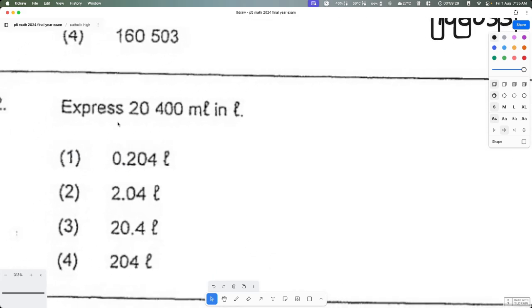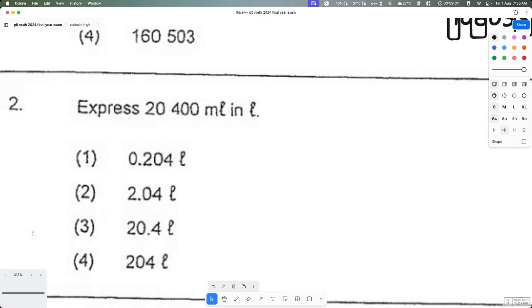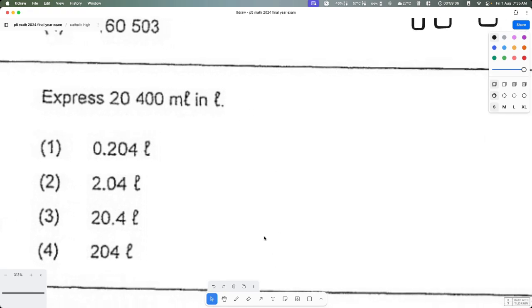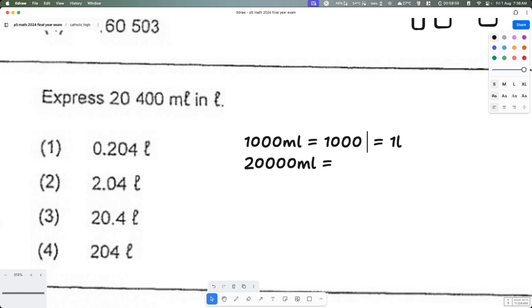Question number 2. Express 20,400 milliliters in liters. Okay, so you know that 1,000 milliliters is equal to 1 liter, because we divide by 1,000.